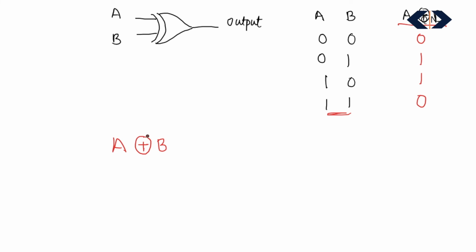In mathematics, this is known as modulo 2. It is taking the addition and doing the modulo of 2. So what do you mean by the modulo of 2, or basically modulus of 2?